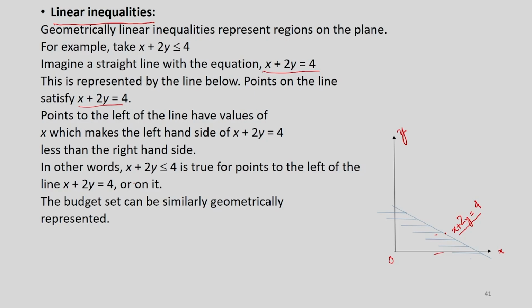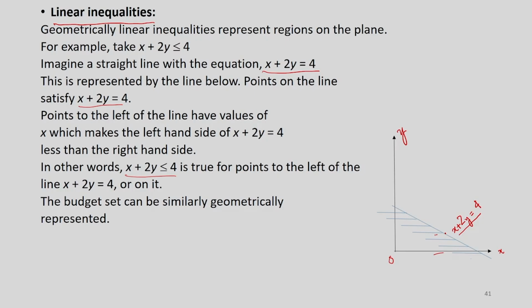In other words, x plus 2y less than or equal to 4 is true for points to the left of the line x plus 2y equal to 4, or on it, because you have this less than or equal to sign. So it allows for an equality.